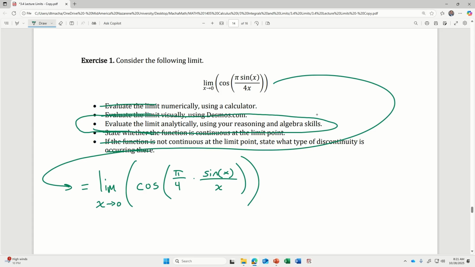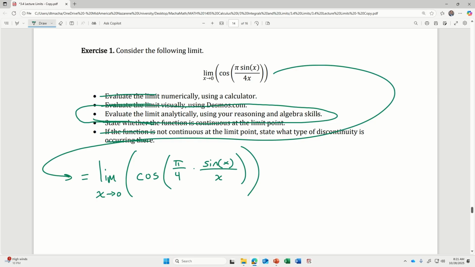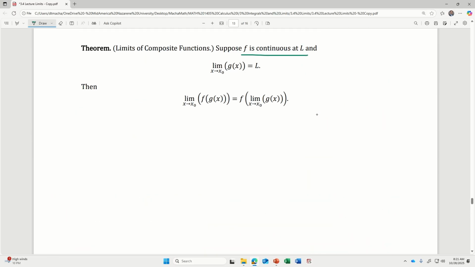I know that limits work really well with composite functions as long as the outside function is continuous at the limit of the inside function. My outside function was cosine, and cosine is a continuous function. Cosine is continuous everywhere, right? There are no discontinuities in cosine, and so this is going to work just fine.